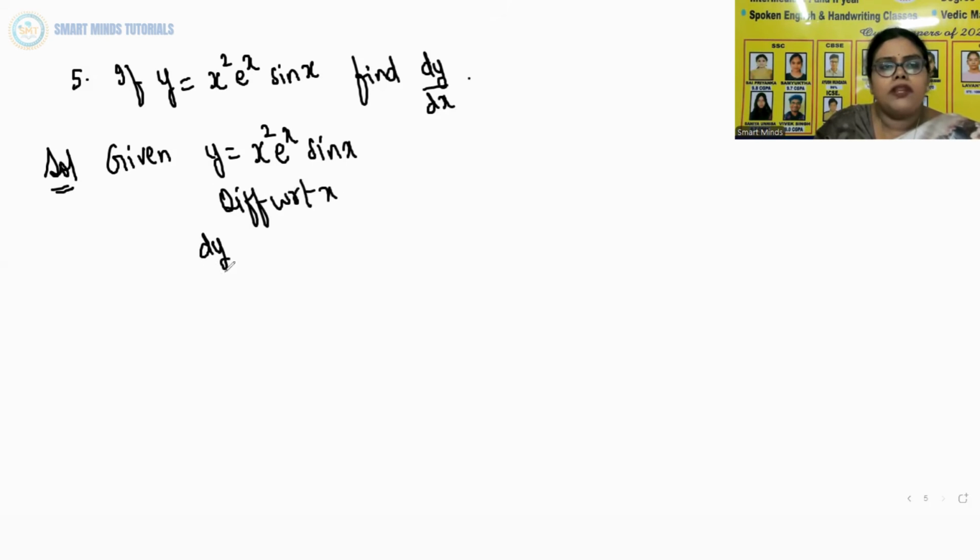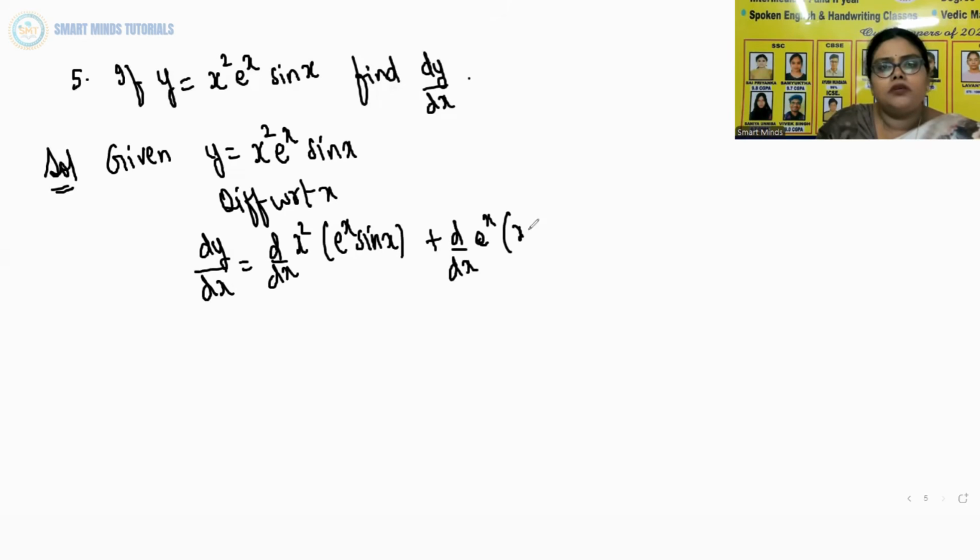So dy by dx is equal to, we use UVW rule. First we will differentiate first function, the other two we write as it is. Then we differentiate the second function, the other two we write as it is. And then we differentiate the third function, the other two we write as it is.